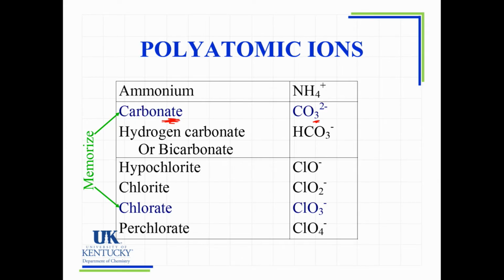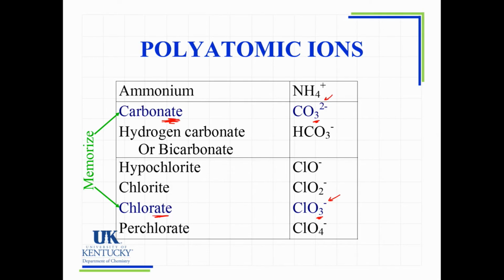It doesn't tell you that, and it doesn't tell you the charge. It just so happens on this one that the chlorate also has 3 oxygens, but that's not always the case. You memorize how many oxygens the one has, okay? And you can see right off the bat that the ATE ending doesn't say anything about the charge. You just flat out have to memorize the charge.